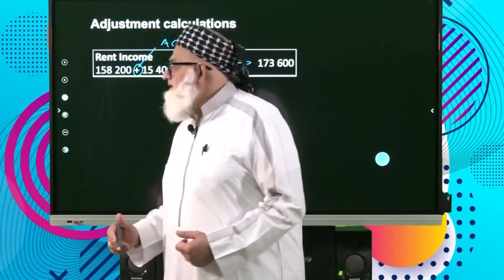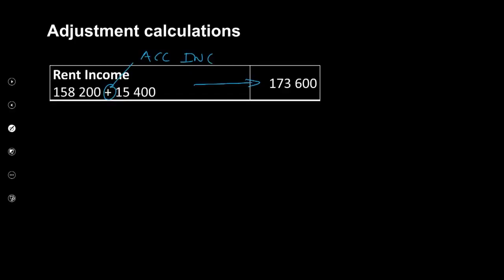In my bracket, as you can see, there's my bracket, 158,200 from the trial balance. So that's your trial balance figure. There's your adjustment. And what was my adjustment? An accrued income. A debit to accrued income, a credit to rent income. Once again, let me illustrate to you why a plus. Here's my rent income. It's an income account with a credit balance of 158,200.